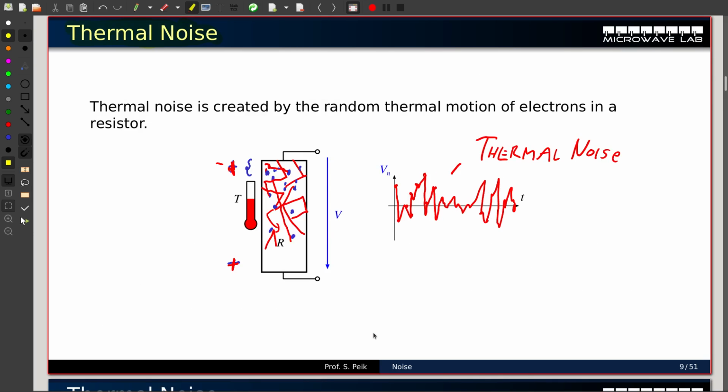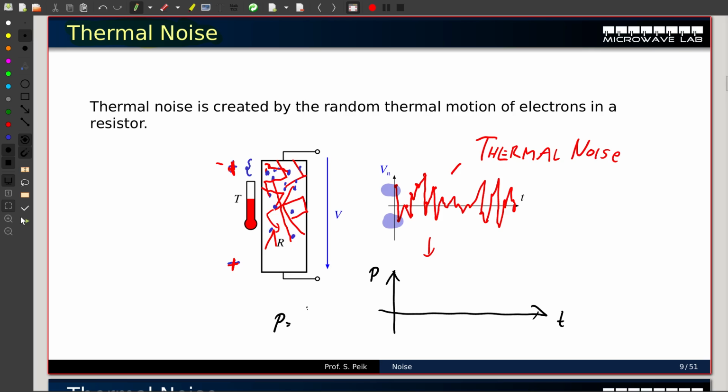When we look at the value here of our voltage, the value differs. However, when we look at the average power, then basically we square that line. Over time we can measure some power. Power P is voltage squared over resistance.